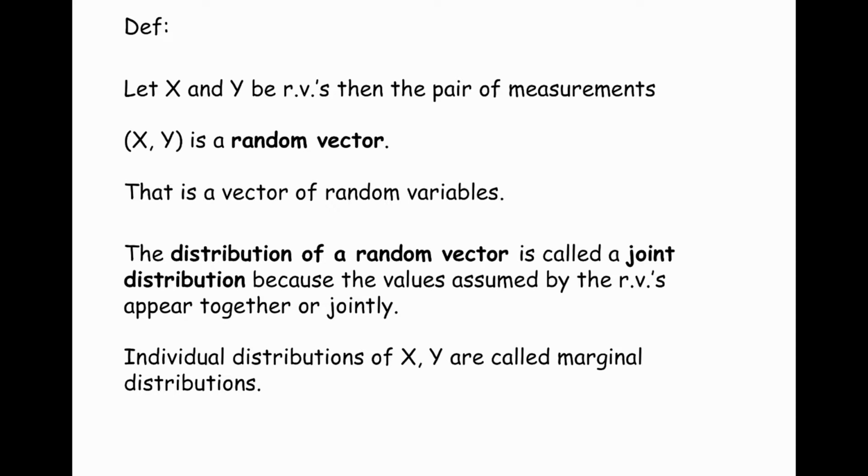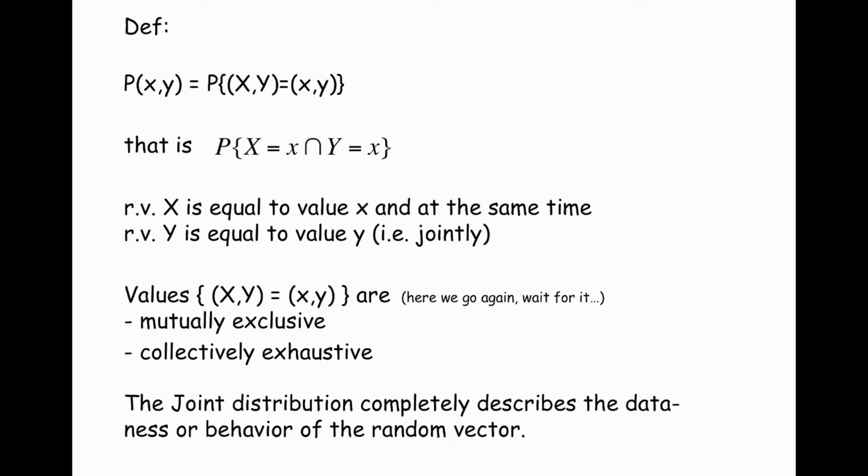Okay. So let's go further into this definition. Now, as a probability, as a function, we could say the probability of value x, which is an outcome of random variable X, co-occurring with value y, which is the outcome of random variable Y, is equal to the probability that variables X and Y take on values x and y.